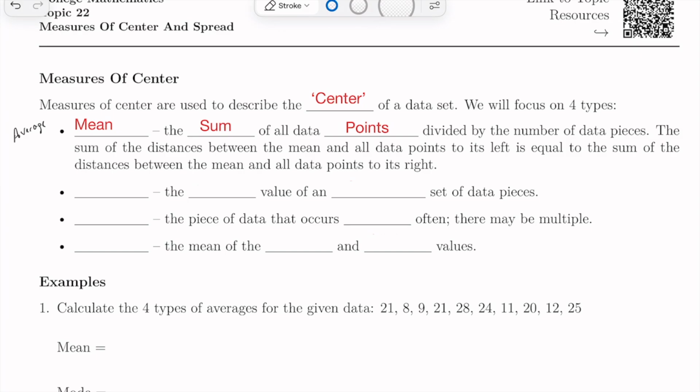number of points. It's also the sum of the distances between the mean and all the data points to the left is equal to the sum of the distances between the mean and all the data points to the right.